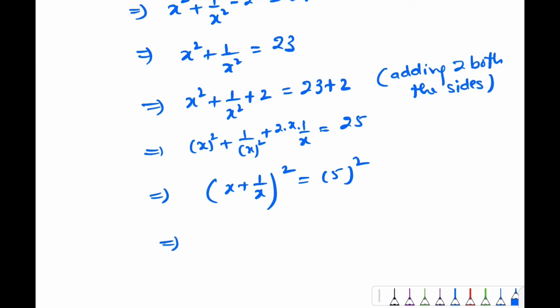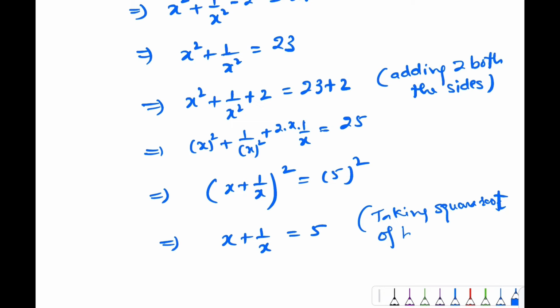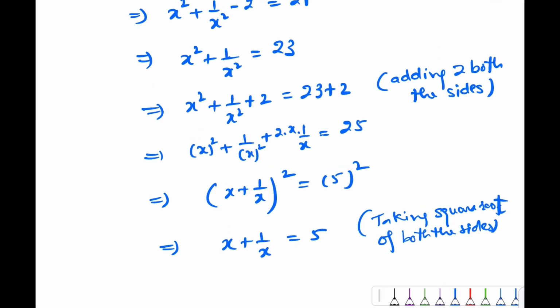This implies x plus 1 by x equal to 5, taking square root of both the sides. So we have, this is equation number 1, and this one is equation number 2.